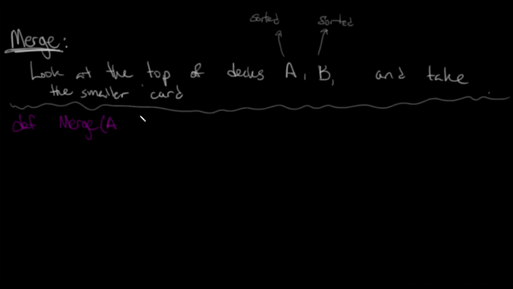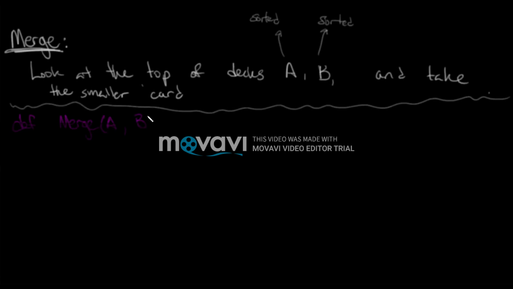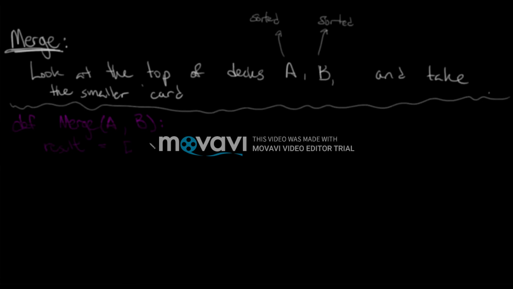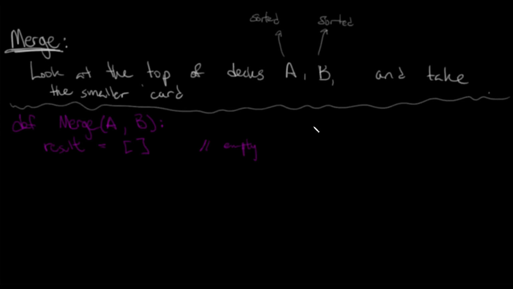We're going to merge these two decks of cards, A and B. First we should define a result array where we're going to store the result, as an empty deck of cards. Technically an empty array, but we can just think of it as an empty deck of cards.